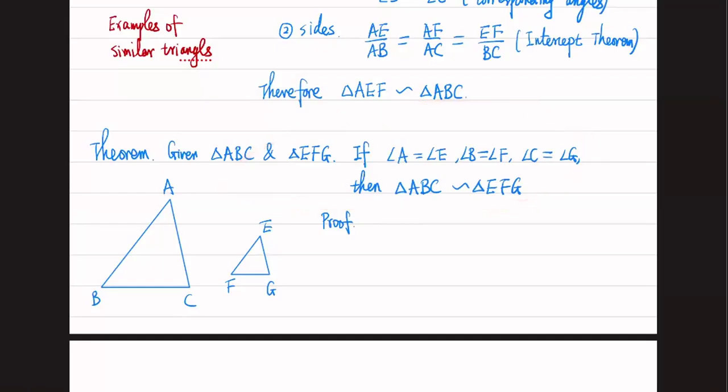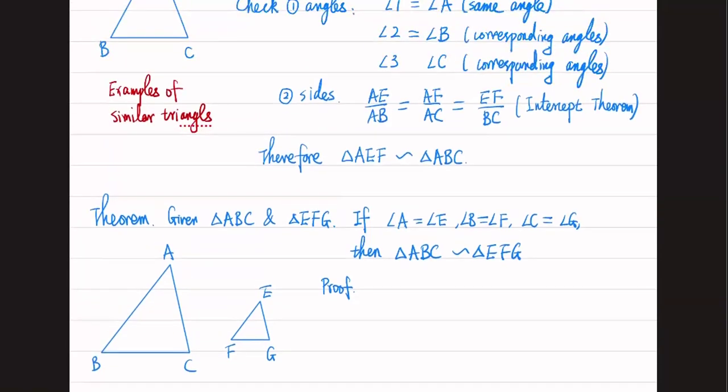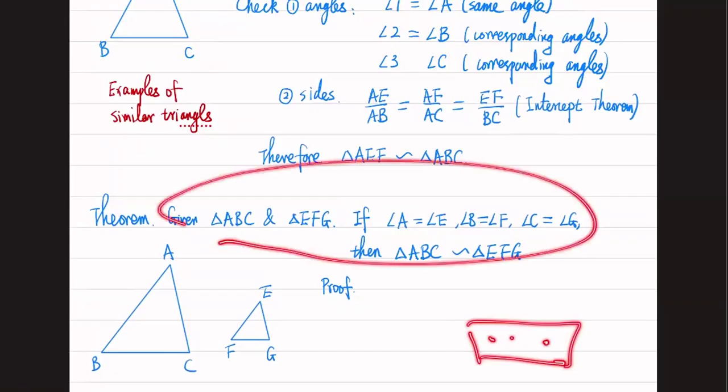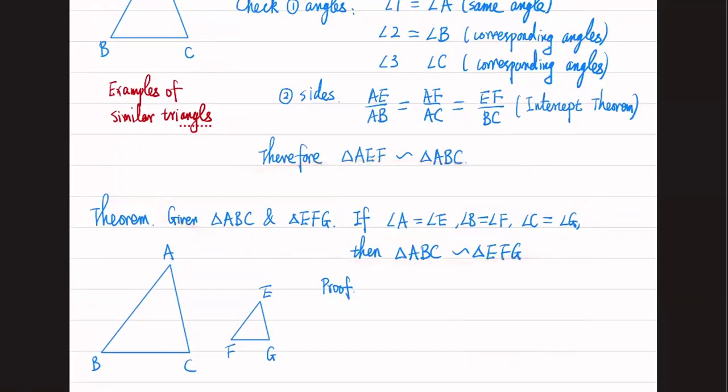So now we can see the order of the theorems matters. We have the intercept theorem, the definition, and some examples, but we cannot use the theorem from the future to prove this theorem, because the AA similarity theorem is based on this one. Aaron, is this logic clear? Yeah, mostly, yes.